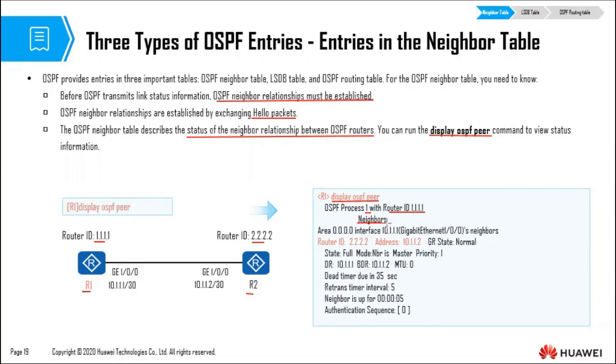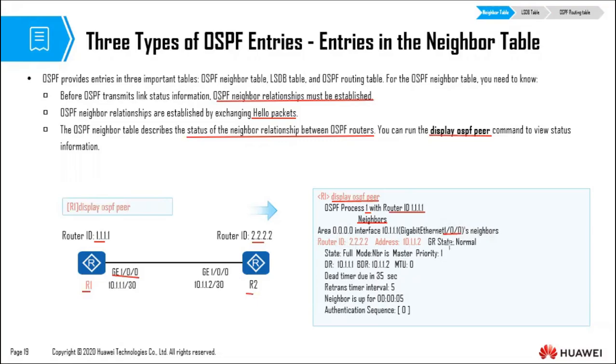So neighbors. Then which area are we in? We are in area 0. So that's why you see area 0.0.0.0. On which interface? GigabitEthernet 1/0/0, which is this interface here. So you can see that it says GigabitEthernet 1/0/0 neighbors, meaning these are neighbors that have been formed via that particular interface.